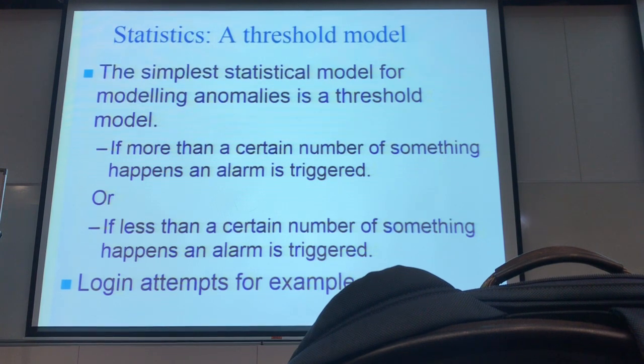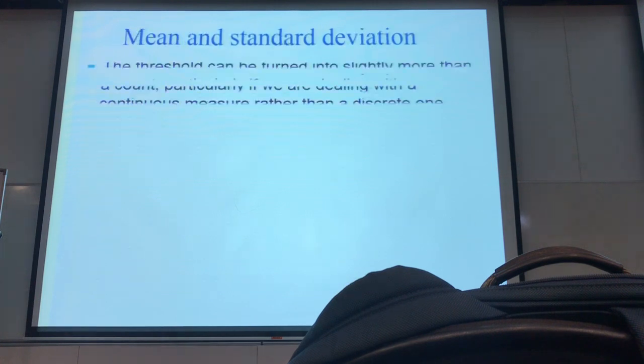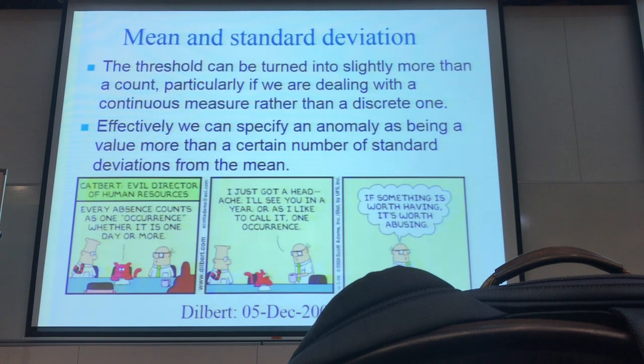Basically, we can simply define the mean and the standard deviation, right? So in this case, we can use this simple method to identify if there is any potential intrusion or not. As I said, this is probably the simplest method. There are more advanced methods, like I said, you can use a chi-square test and so on.